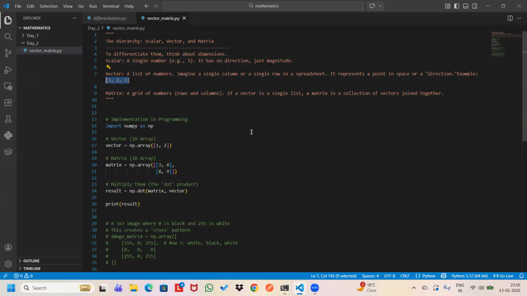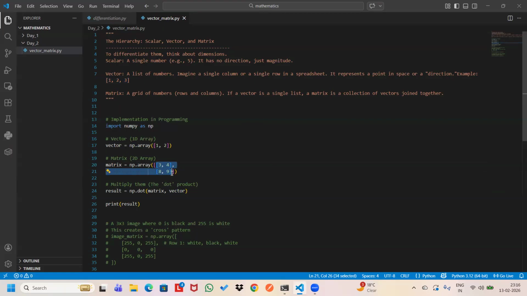What is matrix? Suppose you have taken three or four vectors, and you are putting all the vectors in rows and columns, then it would be considered as matrix. So an example of matrix would be something like this.